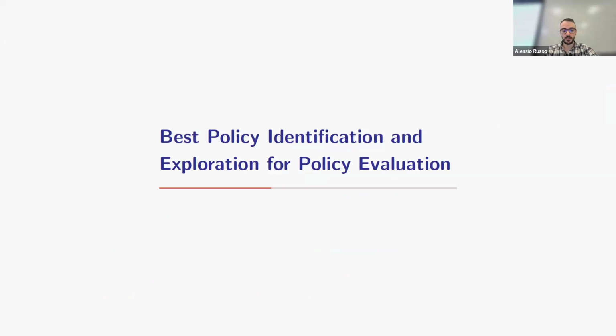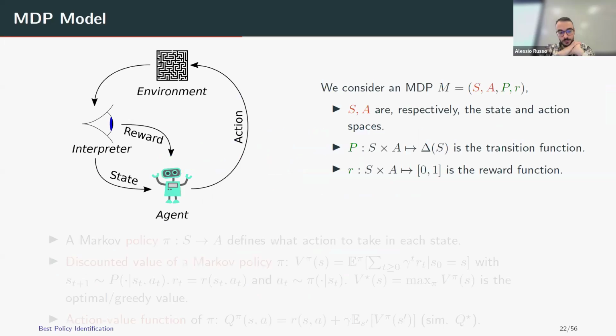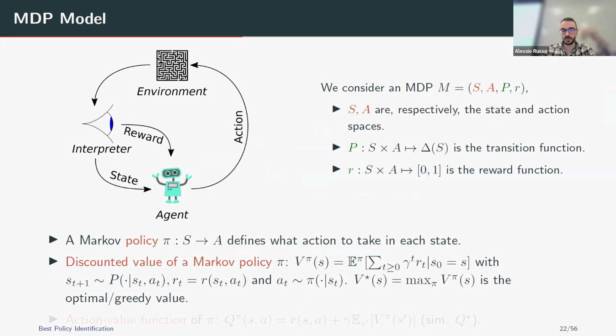So for best policy identification, I will not go now over the notation. We have the MDP defined in this way. We have the state action spaces, the transition function P, the reward function R. For a Markov policy pi, we define the discounted value as the expected sum of the discounted rewards under policy pi.